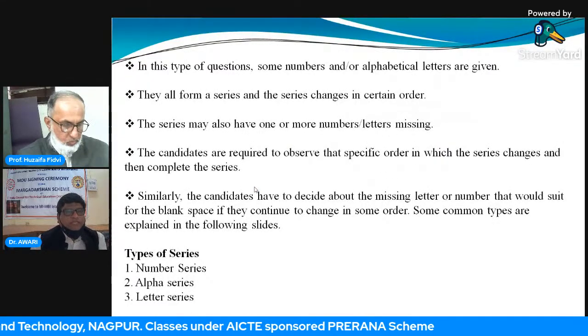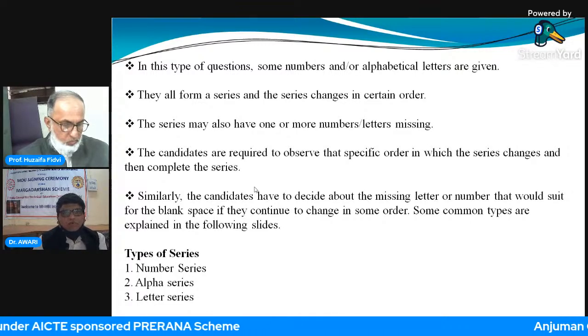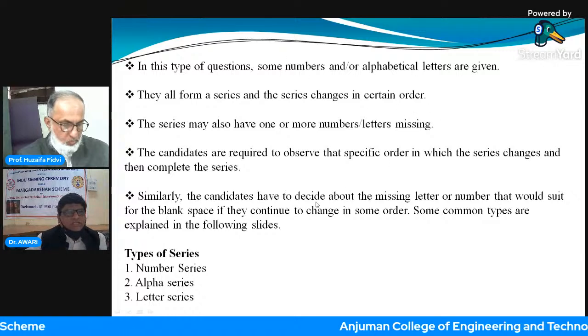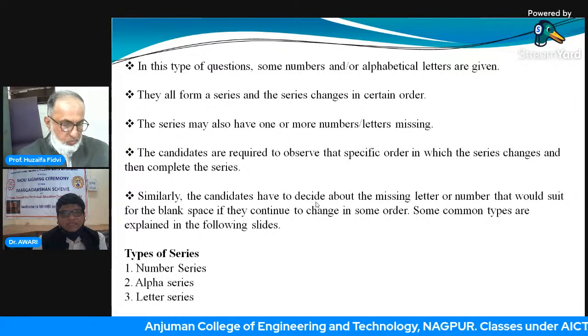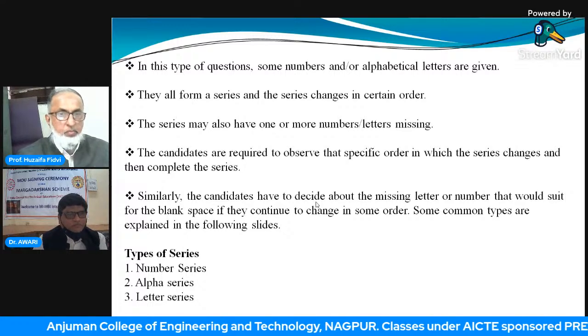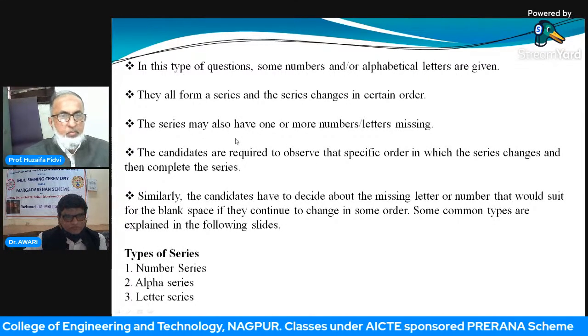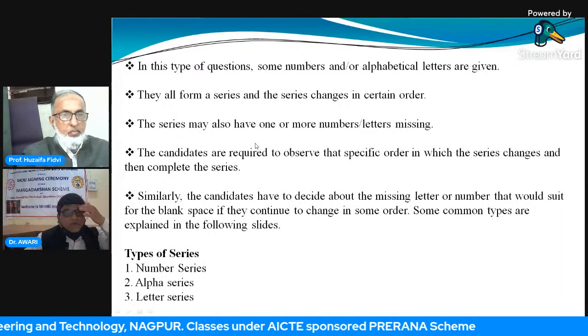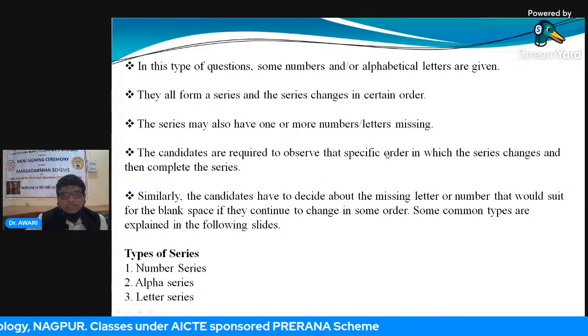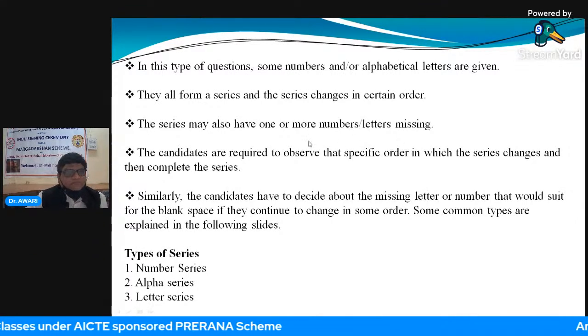So what do you mean by series completion? In this type of question, some numbers or alphabets are given. They all form a series and the series changes in a certain order. The series may vary and may have one or more numbers or letters missing.